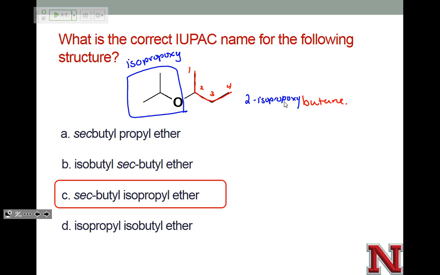And I can't really tell you my stereocenter. I do have stereochemistry at 2, but I'm not given geometry, so I can't label it as R and S because I don't know what's coming forward and what's going back. So it's just assumed that we have a mixture of R and S in this case. So my common name would be the sec-butyl isopropyl ether, but my IUPAC name would be the 2-isopropoxy butane. Fairly straightforward.